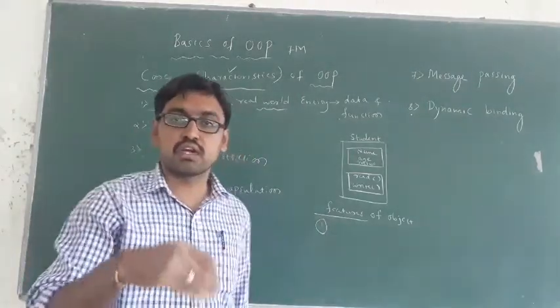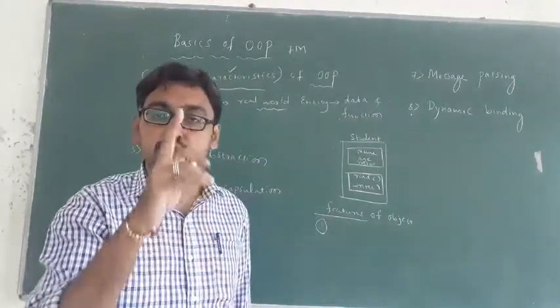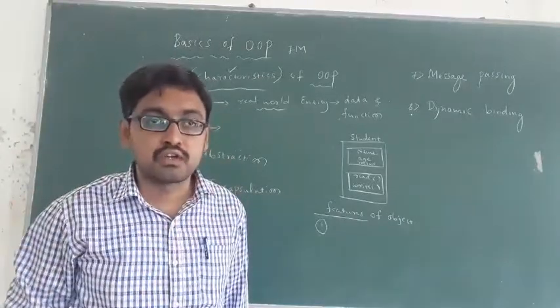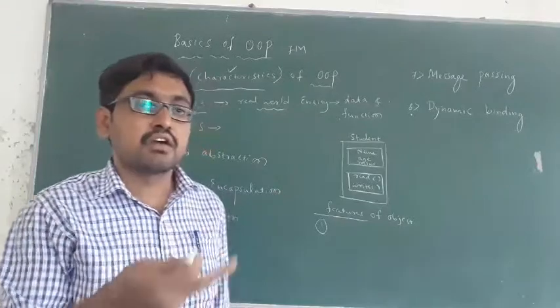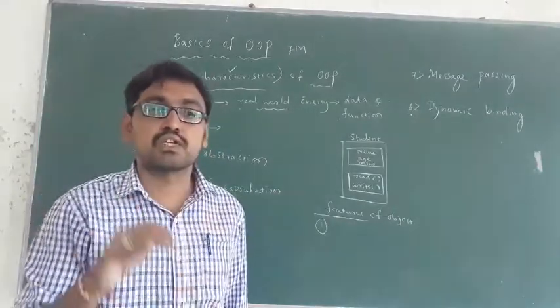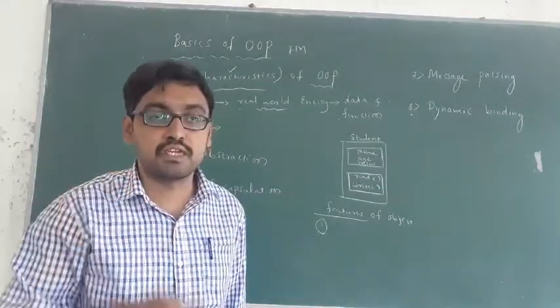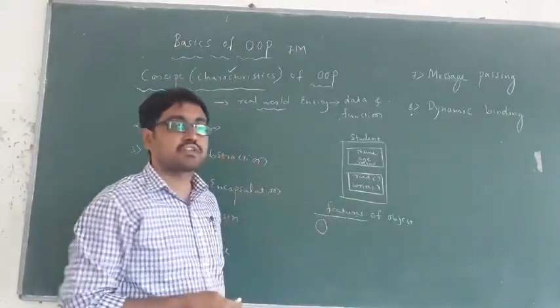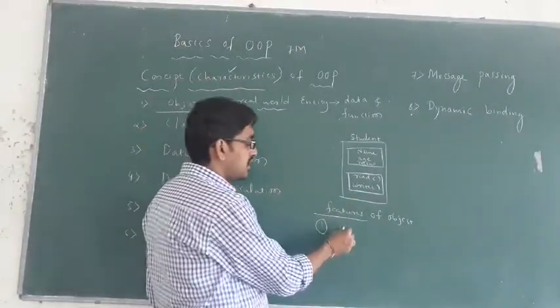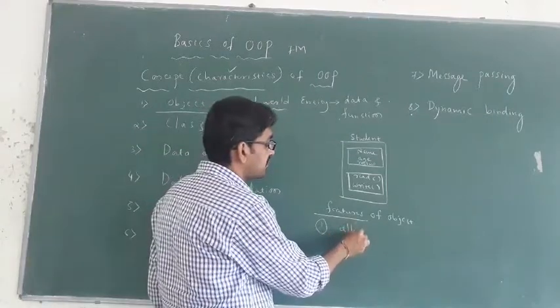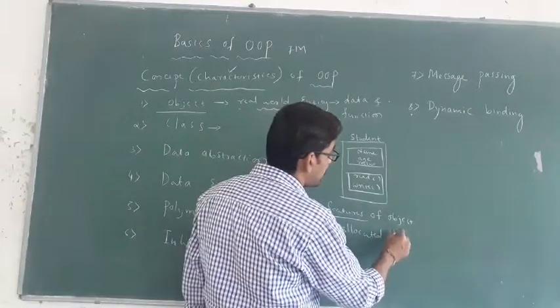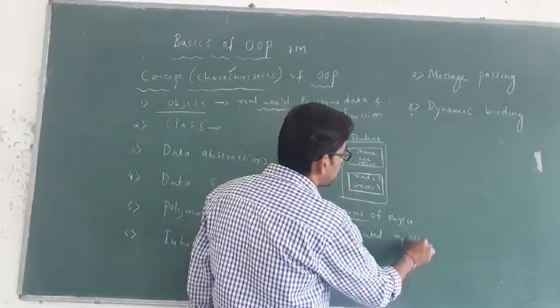Whatever you enter into the computer must have memory; you cannot enter anything in a computer without memory. So the feature of an object is that it is allocated memory space.